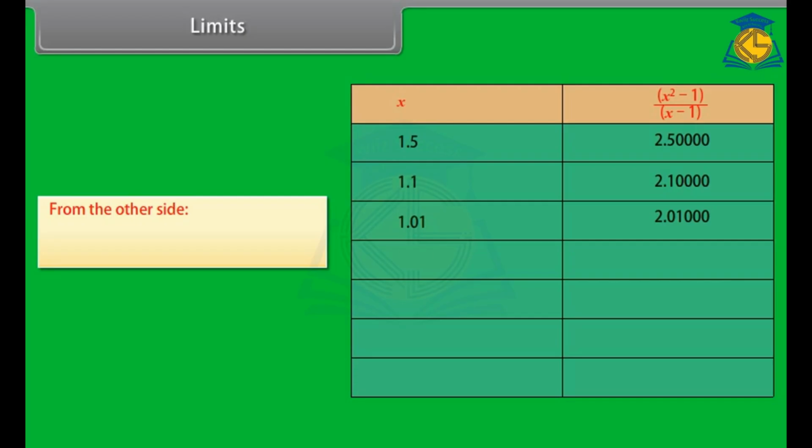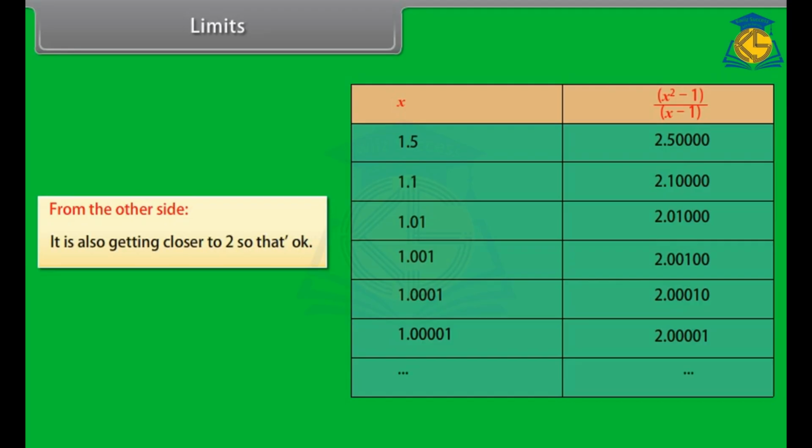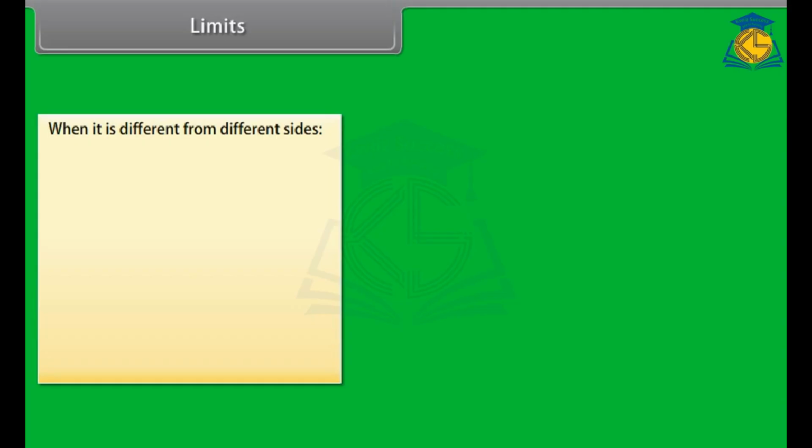For x = 1.001, it is 2.00100. For x = 1.0001, it is 2.00010. For x = 1.00001, it is 2.00001. Also heading for 2. So that's okay.